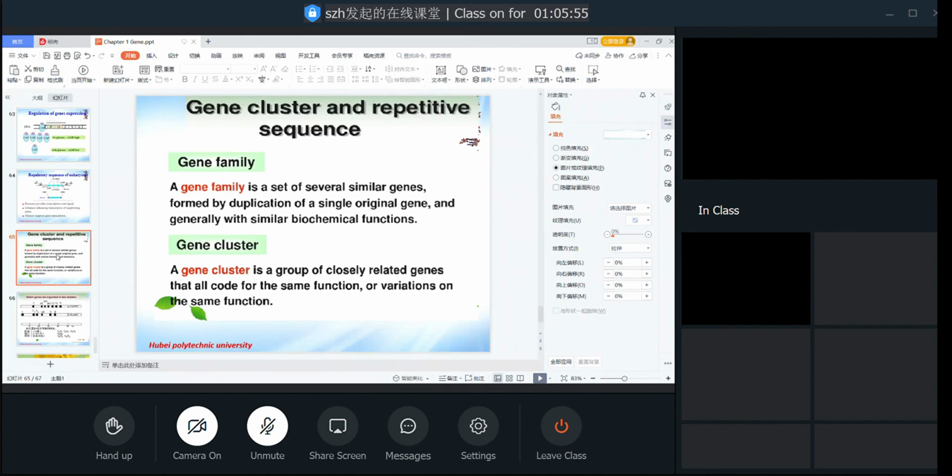Variation on the same function, together finishing this function. In a gene family, one gene can finish this function singly. But with a gene cluster, the genes may all be linked to each other in the genome, and all of them together finish one function, meaning here they are physically linked to each other.